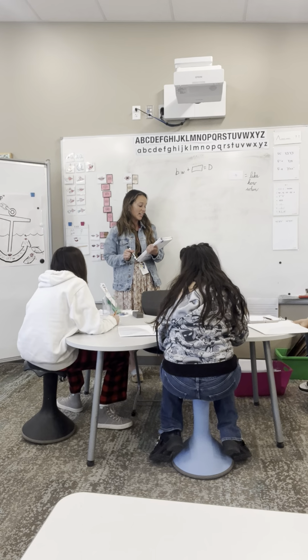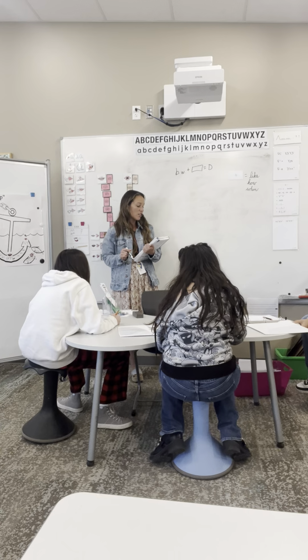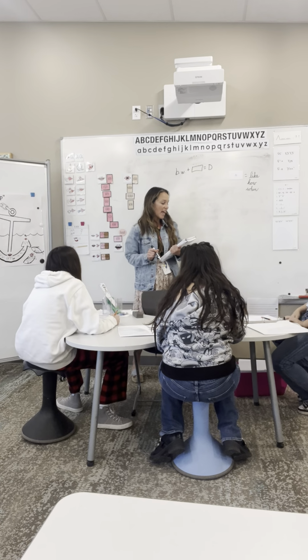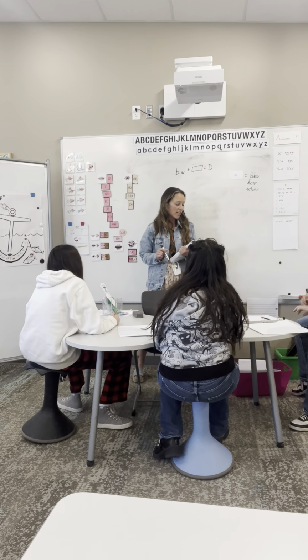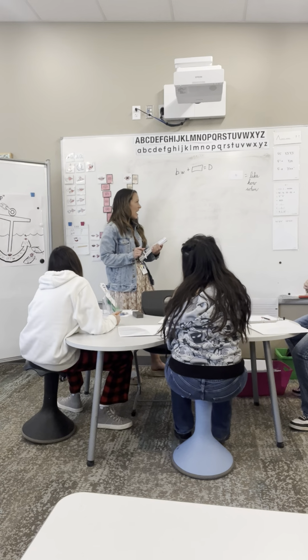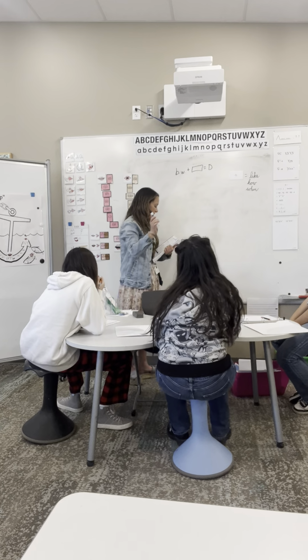So it's the letter or letters added to the end of a base word to change its form or usage. Let's try it again together. It's a letter or letters added to the end of a base word to change its form or usage. All right, and a base word plus a suffix is a derivative.